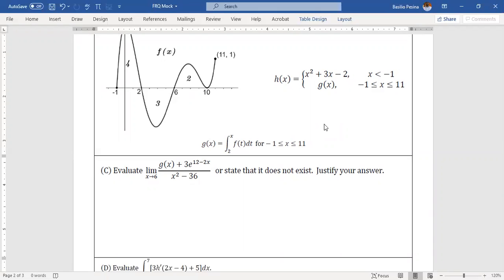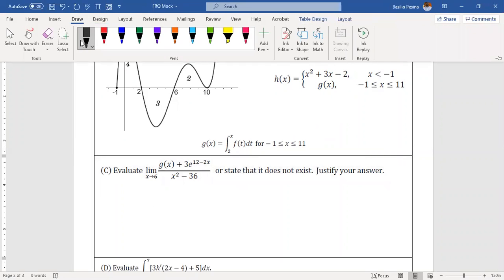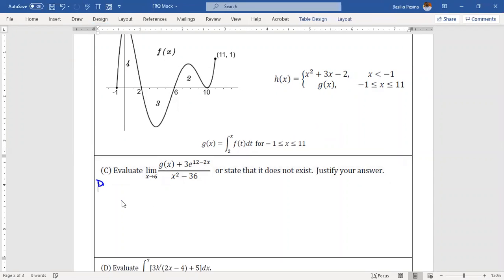So with direct substitution, I substitute the 6 into everything, right?